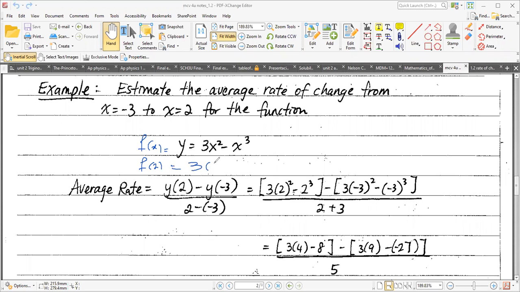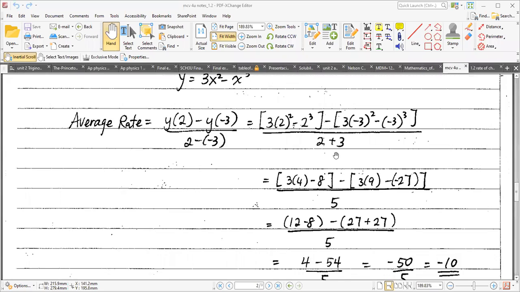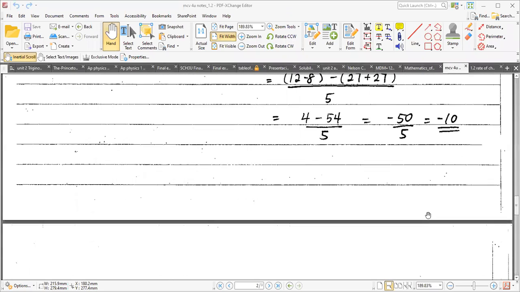Instead of the x, I put 2 minus 2 to the power 3. Then you evaluate that. See, you have it here. And f of negative 3, you do the same thing. Whenever you see x, you put negative 3, and you see that there. 2 minus minus 3 becomes 2 plus 3. You put that in a calculator, you will find that the average rate of change is negative 10.